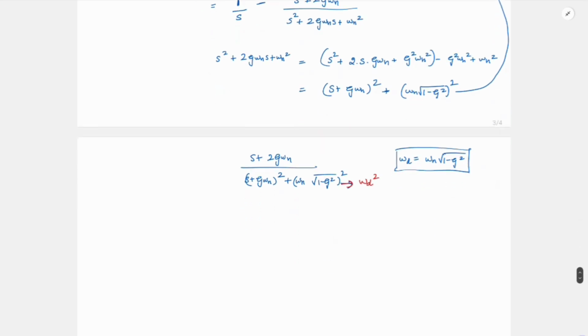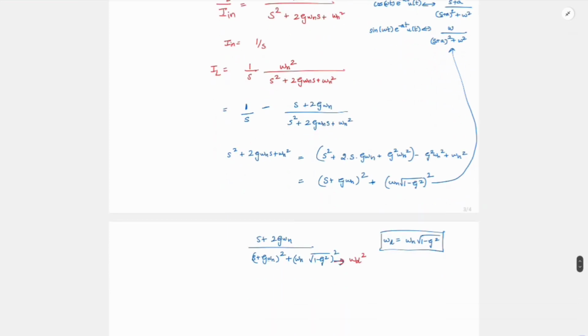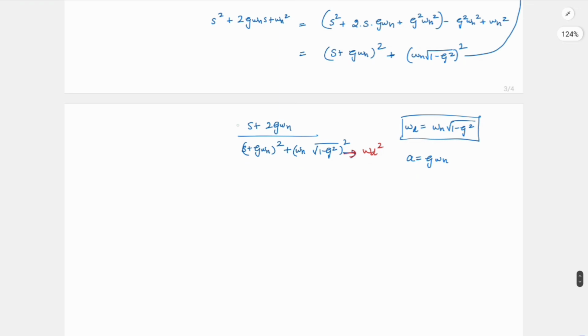Okay, so now I am having it in this form. If I want a cos form, I need s plus a, and here a is nothing but zeta omega n. So I can separate this out and write it as s plus zeta omega n plus zeta omega n, and then s plus zeta omega n by s plus zeta omega n whole square plus omega d square.